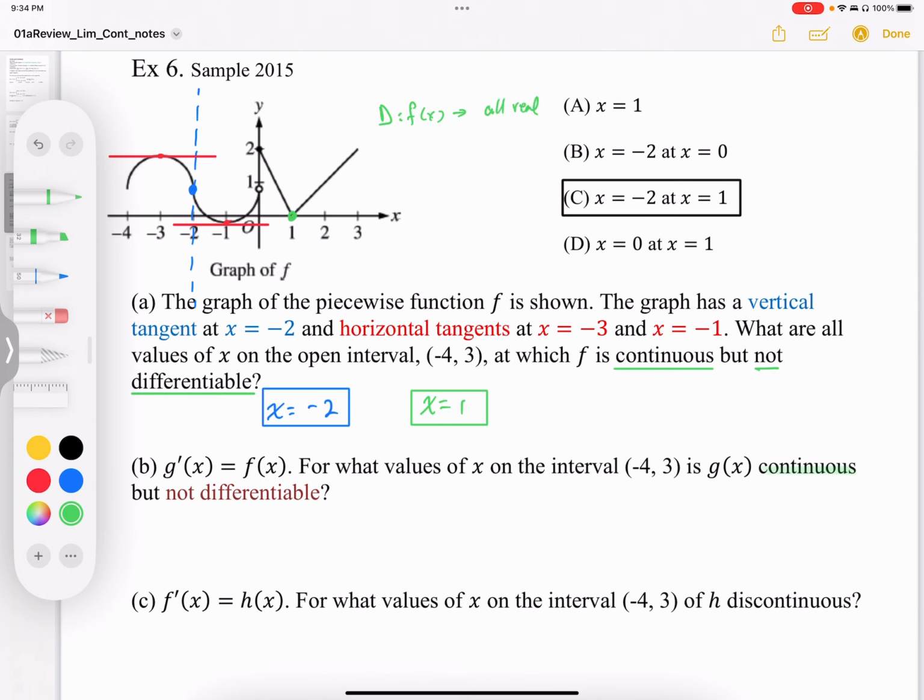Therefore, g is continuous. That's why we have continuous.